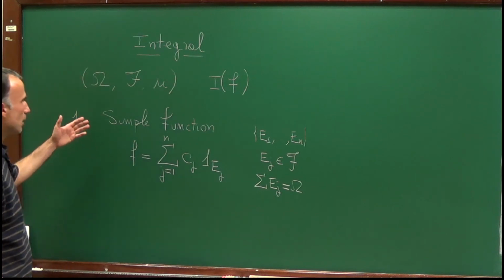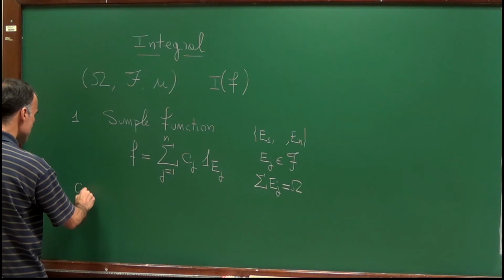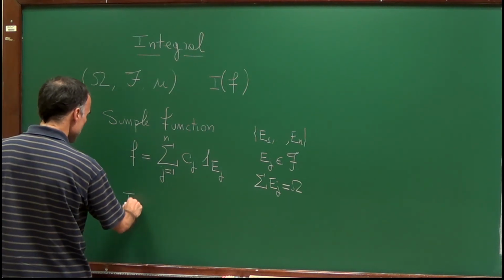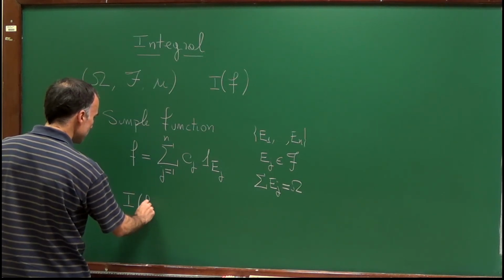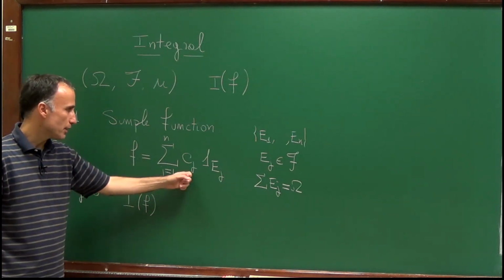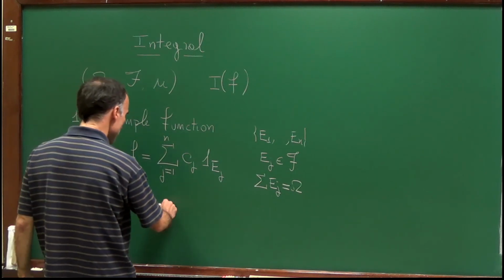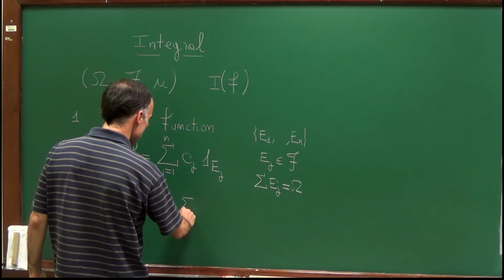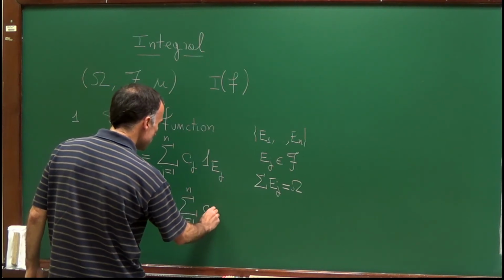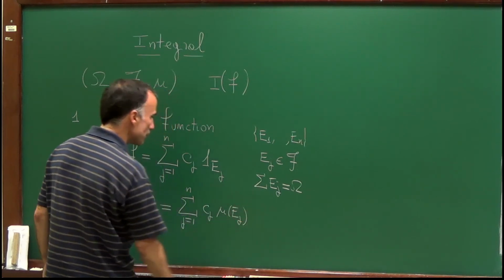Right, so these are simple functions, and if Cj are non-negative, I define here the integral of a non-negative simple function. If f can be written through this sum, I define the integral of f as the sum from 1 to n of Cj times the measure of Ej.